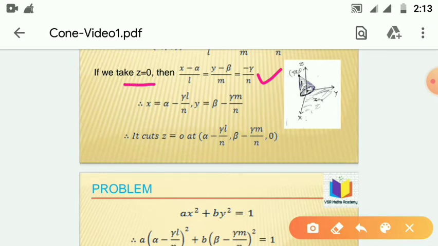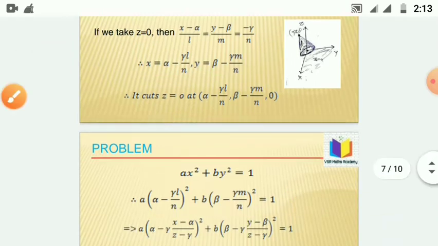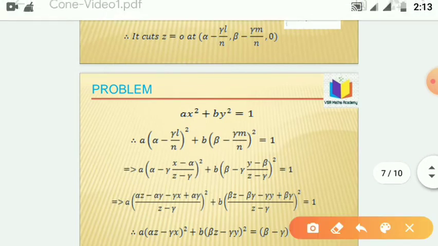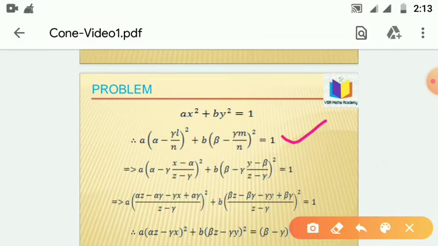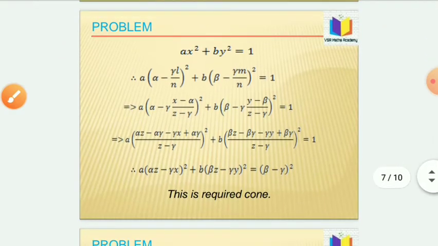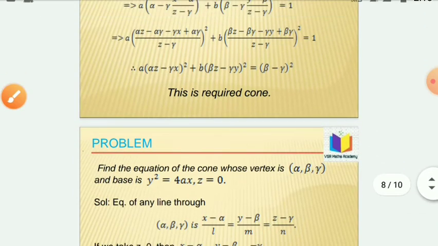Therefore, by taking z is equal to 0, we will get like this. By taking these two values in the equation of the base curve, we will get a relation. So by taking the l by n and m by n values from the equation of the straight line and keeping those two values in this, finally on simplification we will get the equation of the required cone.